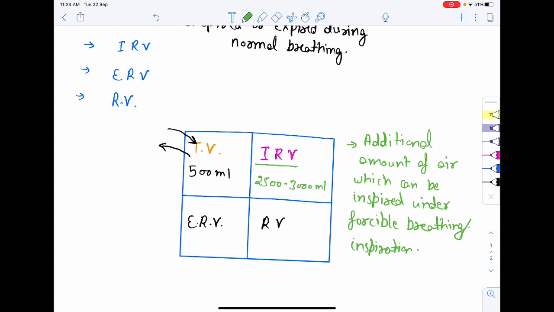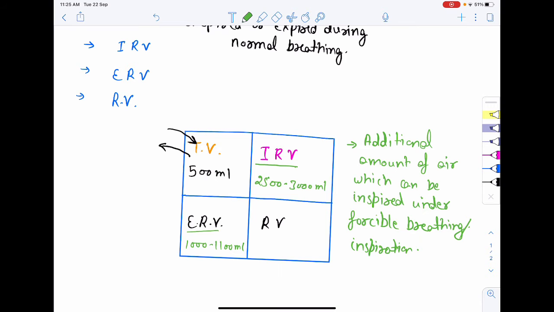Next is expiratory reserve volume. It is the additional amount of air which can be expired under forcible expiration. So this is expiratory reserve volume. The value of expiratory reserve volume is 1000 to 1100 ml.